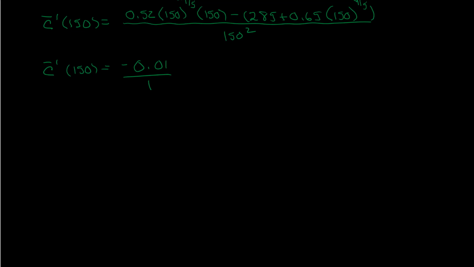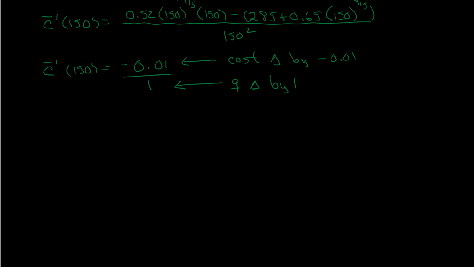This means that as the number of bottles, Q, changes by 1, the cost changes by negative $0.01. Is this a good thing or a bad thing?